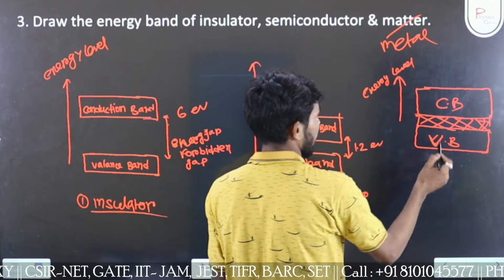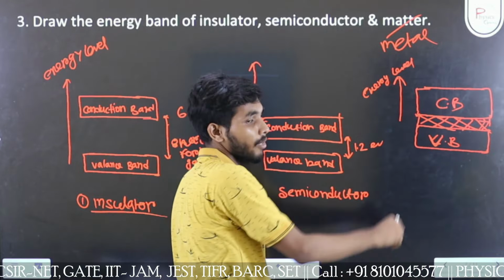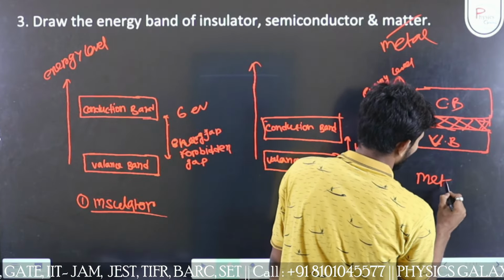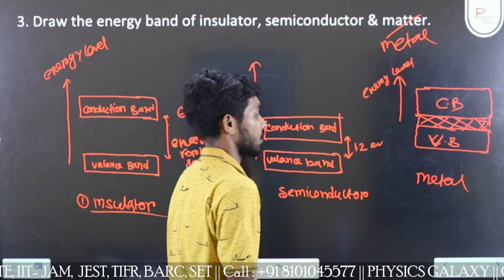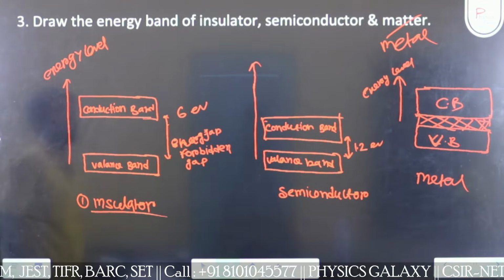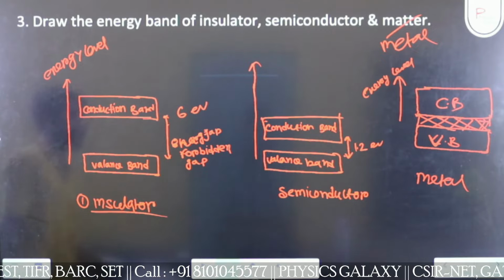There is no forbidden gap between the conduction band and the valence band for metal. They overlap each other. These are the band diagrams for insulator, semiconductor, and metal.